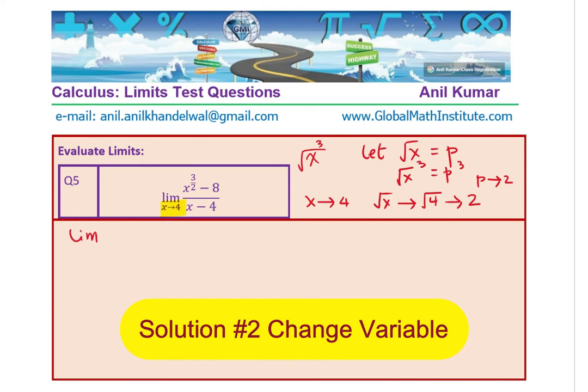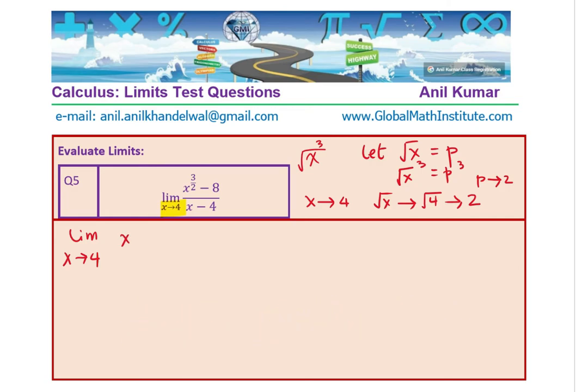We have limit x approaches 4, x to the power of 3 by 2 minus 8 over x minus 4. So when I change it with the variable p, I get limit p approaches 2, right? And we have p cube minus 8 over p squared minus 4.